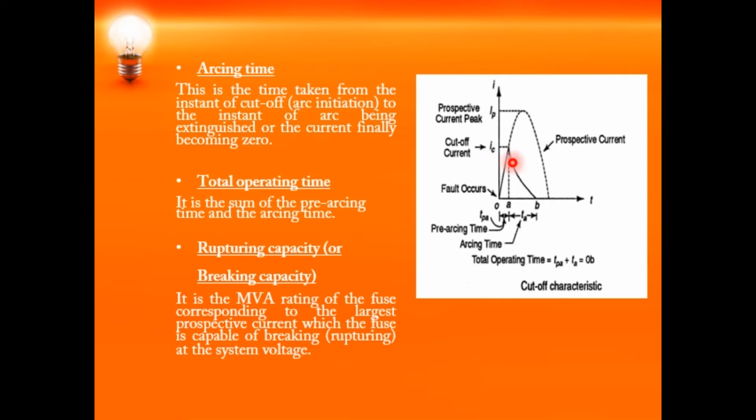Now the last term is the rupturing capacity or the breaking capacity. This is nothing but the MVA rating of the fuse, which corresponds to the largest prospective current. When a particular rupturing capacity is specified, it is expected that the fuse will successfully operate in a circuit having a prospective current equivalent to its rupturing capacity.